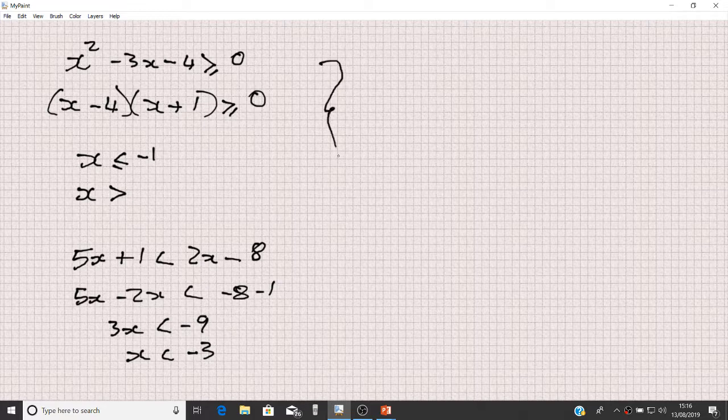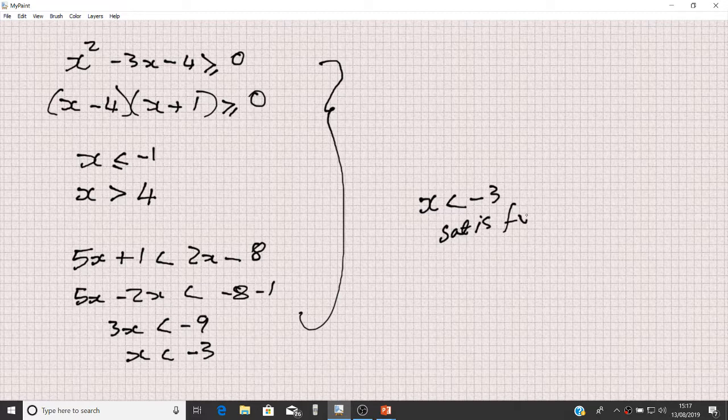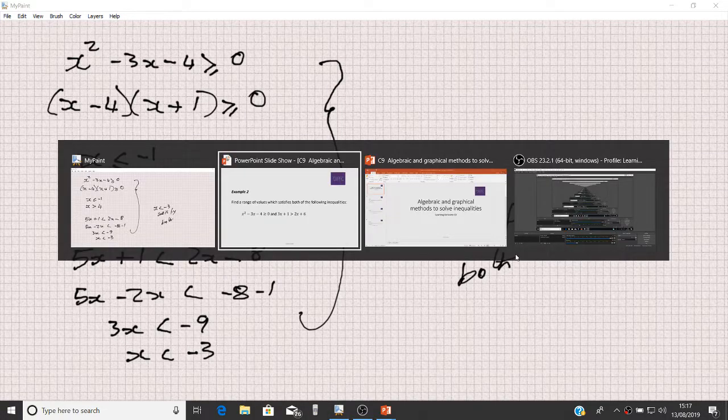To satisfy both, I need to look at all values of x less than negative 3. Those satisfy both. Okay, so let's go back and look at the last example.